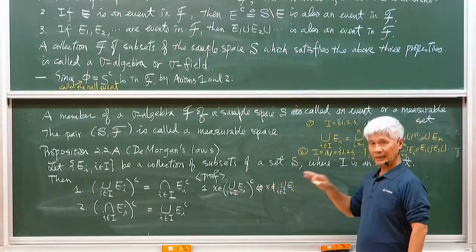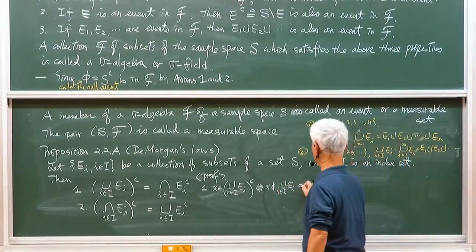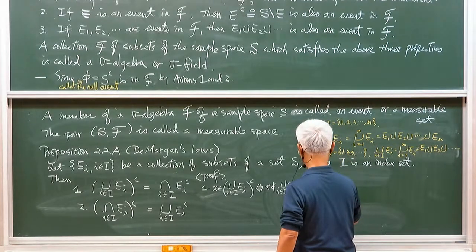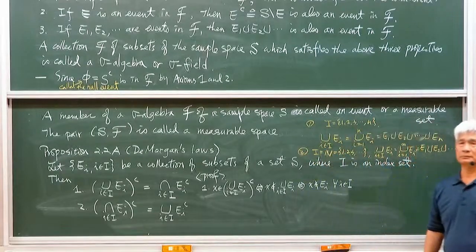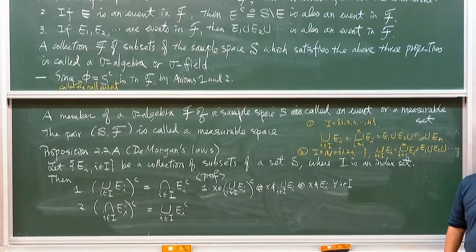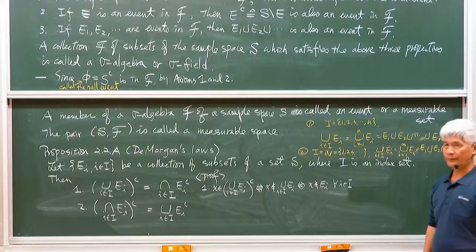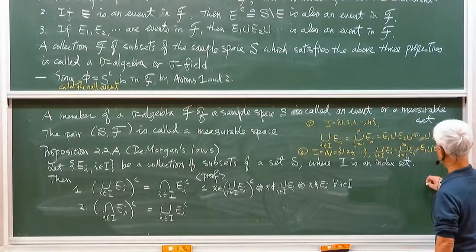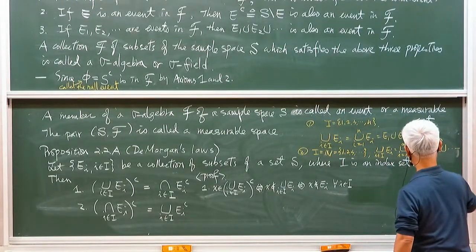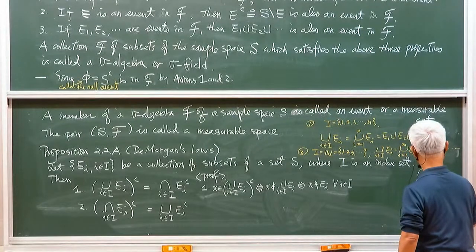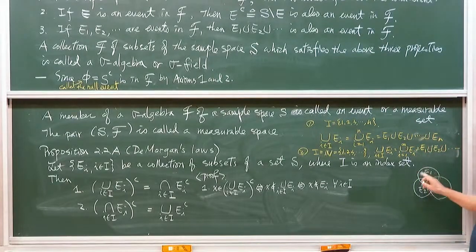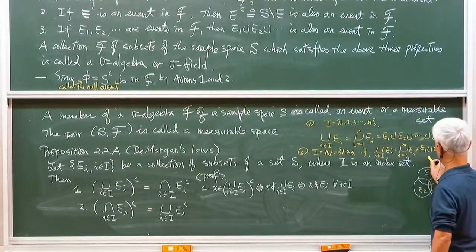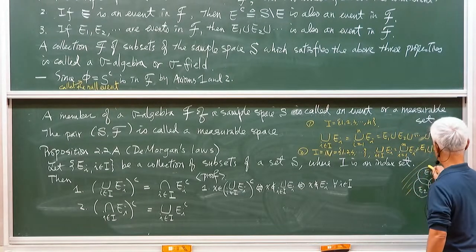An element is not in the union, which means that X is not in E_i for all i in I. Because if you see E1, E2, E3, then X is not here, which means that it's in there.